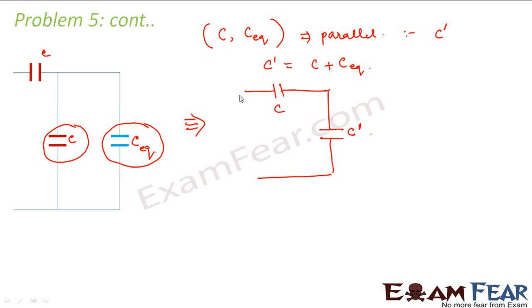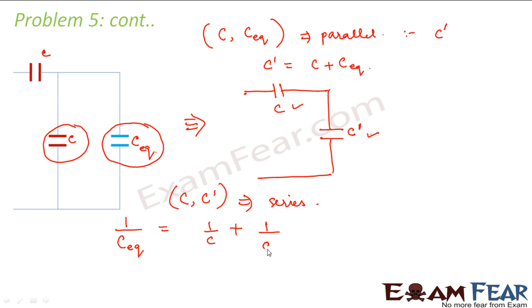Now if I ask you to calculate the equivalent capacitance of this circuit, what would it be? It is simple. C and C dash are in series. Therefore, C and C dash form a series combination, right? So the equivalent capacitance of the circuit will be given by 1 by C equivalent equals 1 by C plus 1 by C dash. Now, what is C dash?